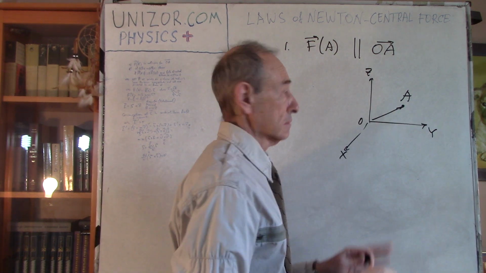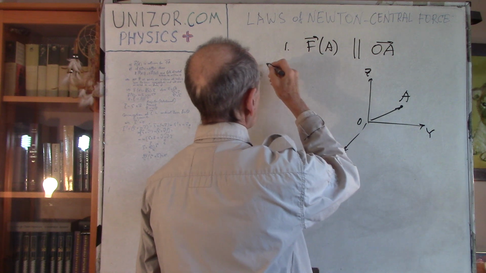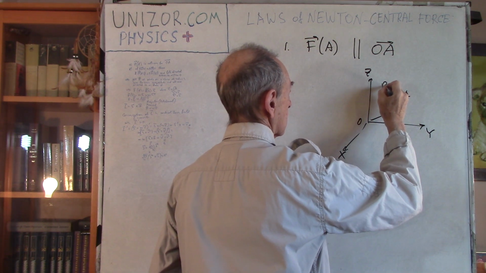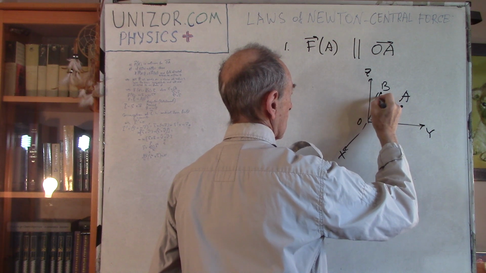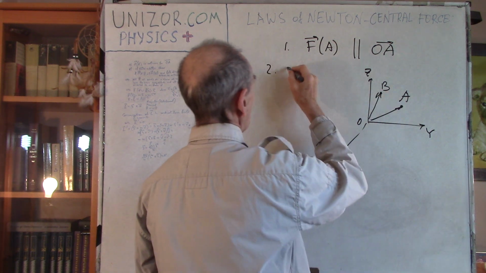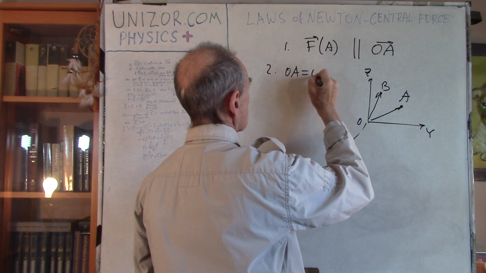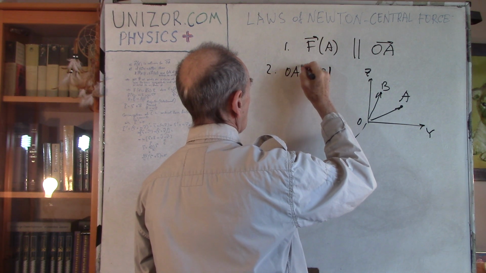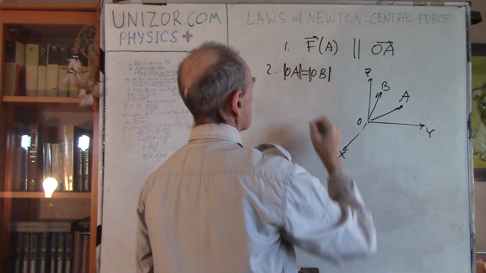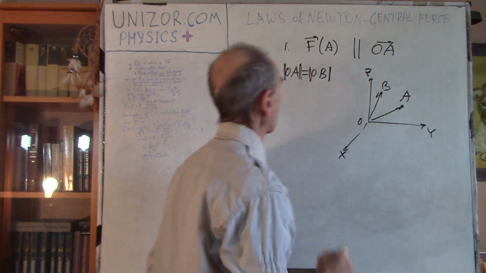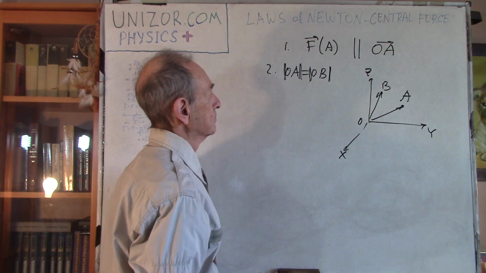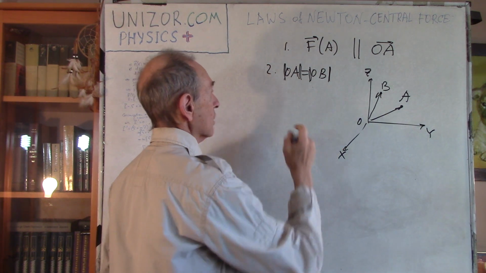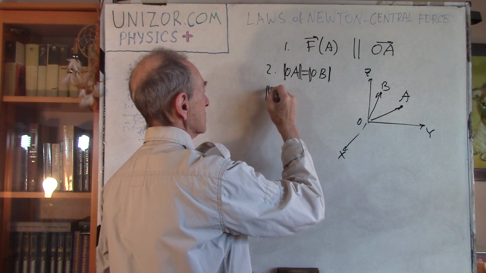So the force must be collinear with this vector, so it's along the same direction. That's one axiom. The second axiom is, if you have two points and the distance from the center is the same, then the magnitudes of the forces also should be the same.